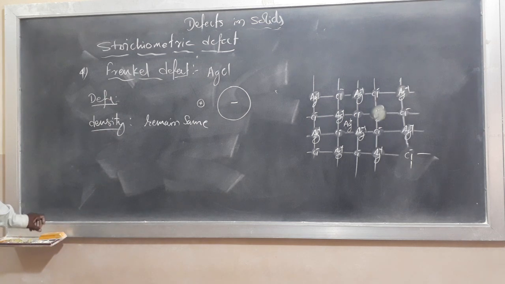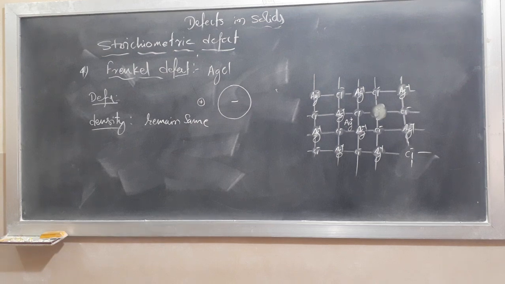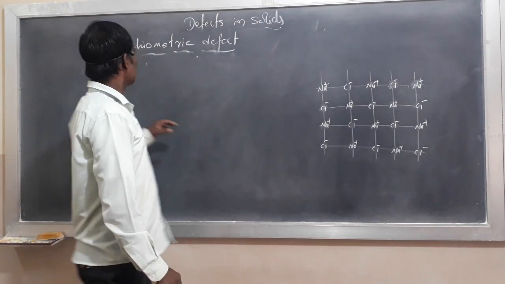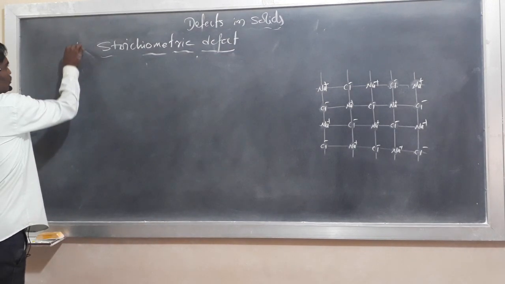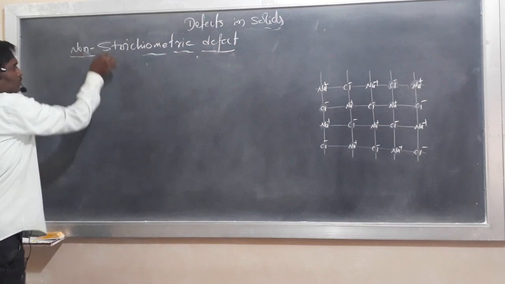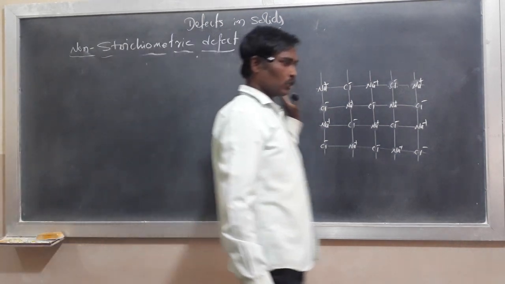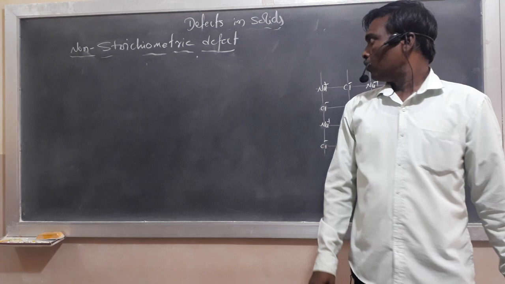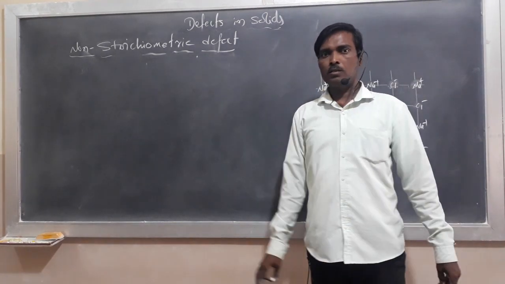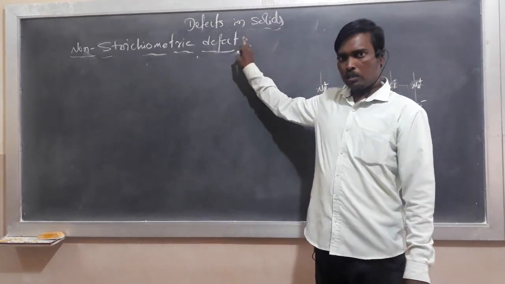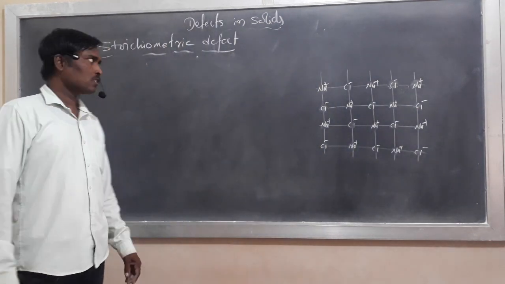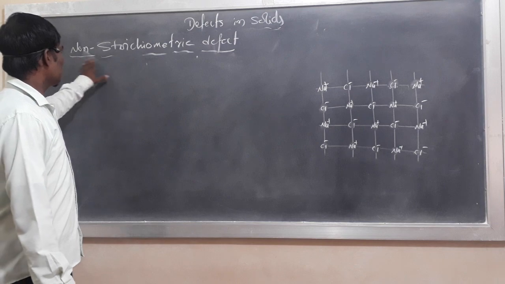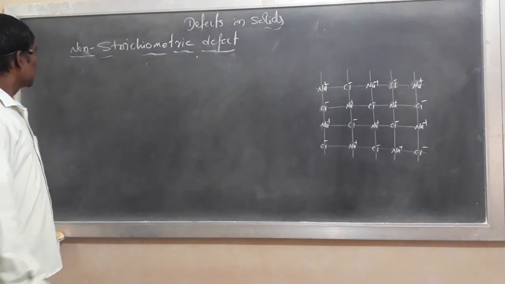Next, let me go with the next one, the non-stoichiometric defects. Next students, another type of defects is non-stoichiometric defects. Just now we learned that there are 4 types of stoichiometric defects: vacancy defects, interstitial defects, Schottky defects and Frenkel defects.